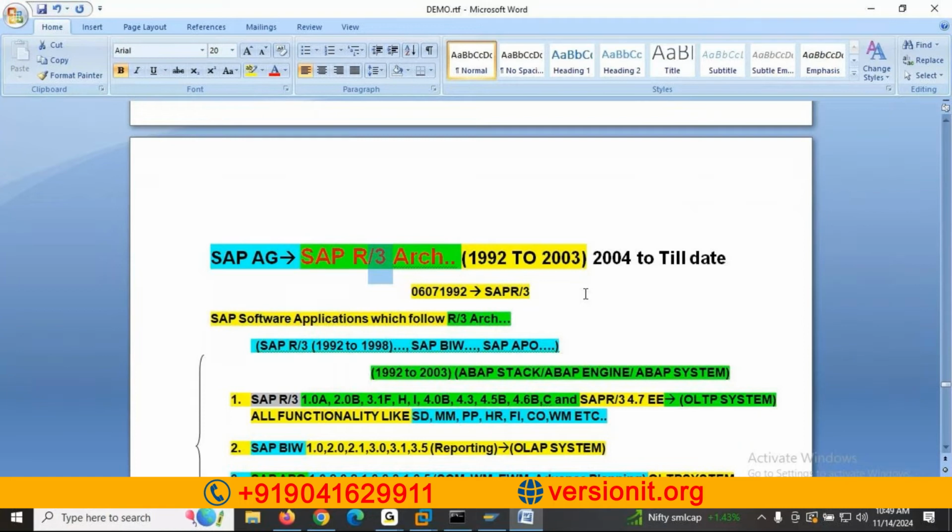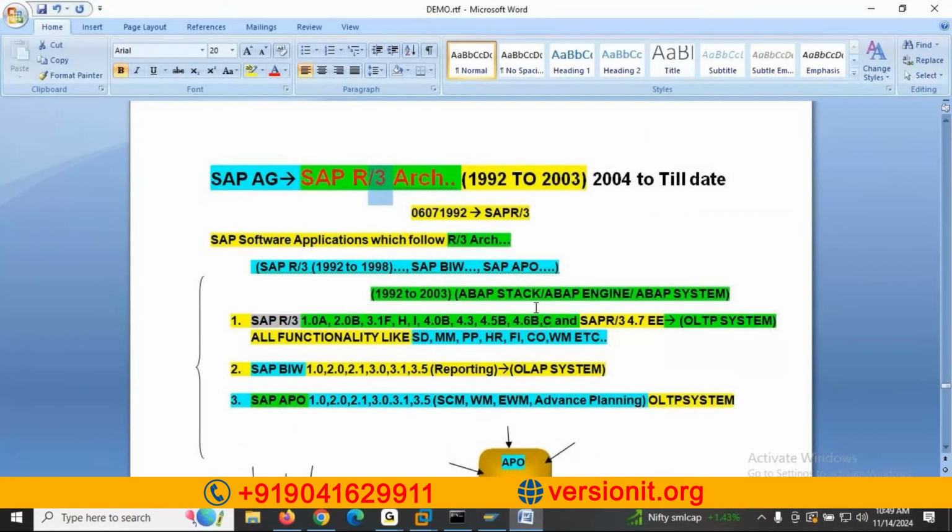And in SAP terminology, we call it central instance.